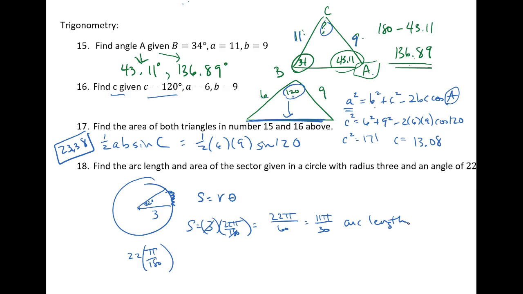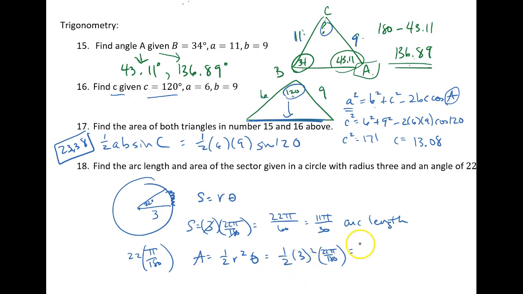Alright, for area of a sector, the formula is 1/2 r squared theta. Same thing though, guys, you want the theta to be in radians, and since we've already found it, it was 22 pi over 180. I'm going to solve it like that.